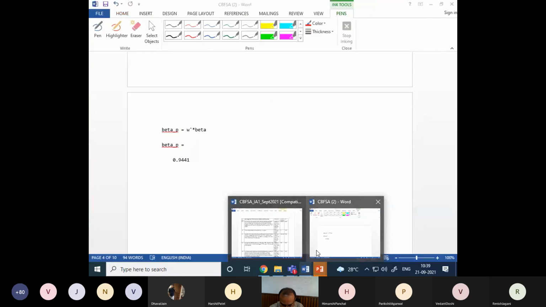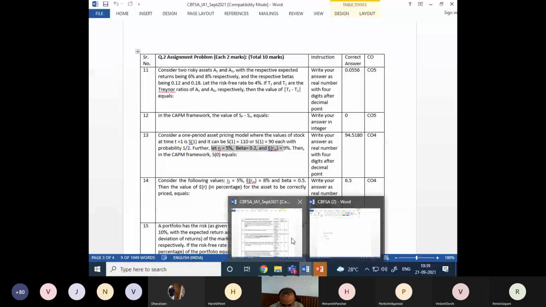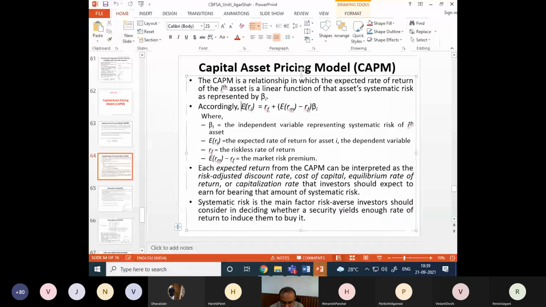From this given data, I am opening my question again. See, RF is given, beta is given, E of Rm is given. So now you have E of Ri available. Now what is expected return? It's very simple. I have invested at t equal to 0, and I have some value available at t equal to 1.